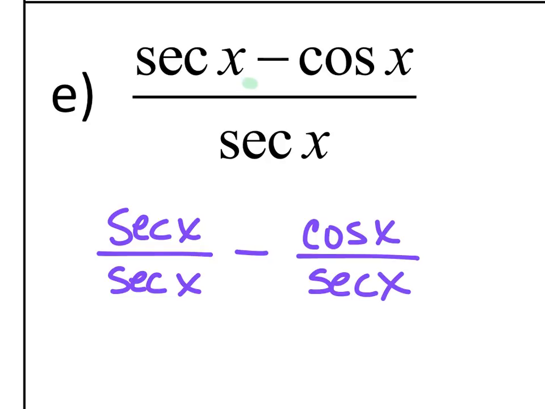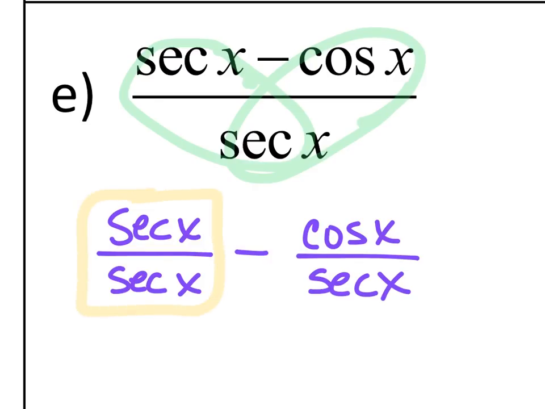So what I'm saying here is that if you imagine this first term in the top over secant minus the second term in the top over secant, you can write both of those terms over secant and in that way kind of separate the fractions. And when you've done that, the first fraction is obviously equal to 1.